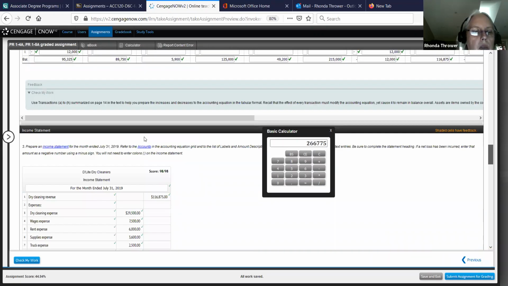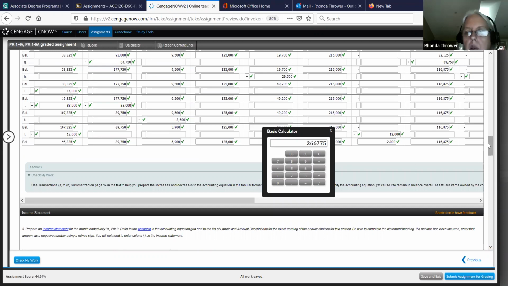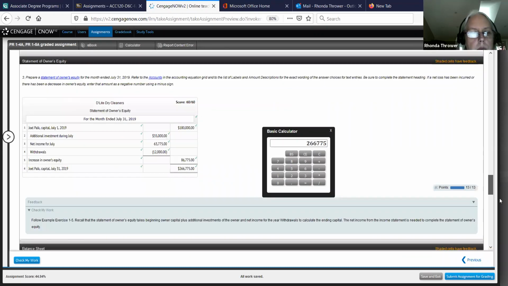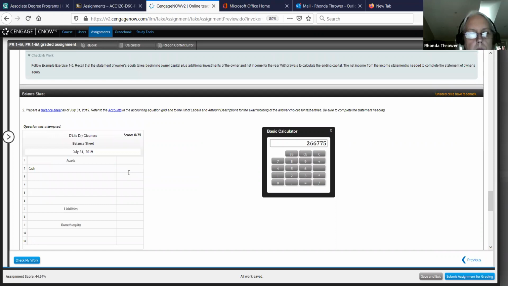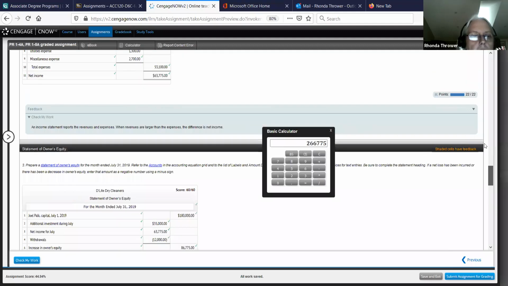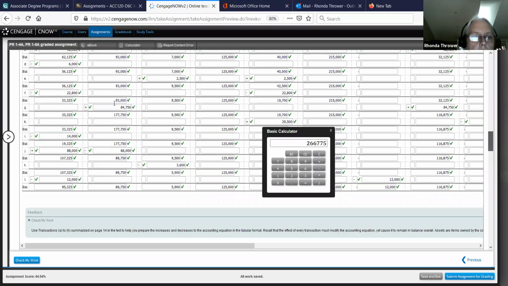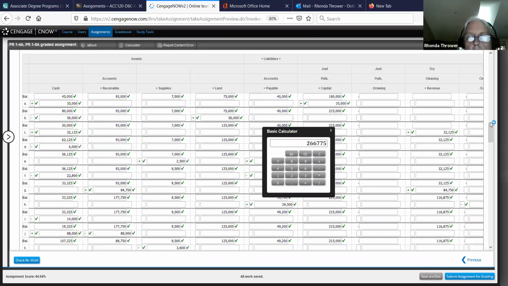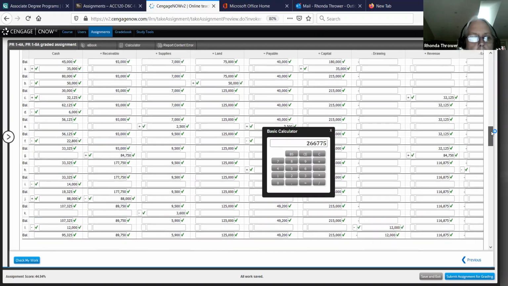The ending cash balance is $95,325. The next asset account that is listed is accounts receivable. Make sure you go all the way to the bottom of accounts receivable and pick up the ending balance at $89,750.